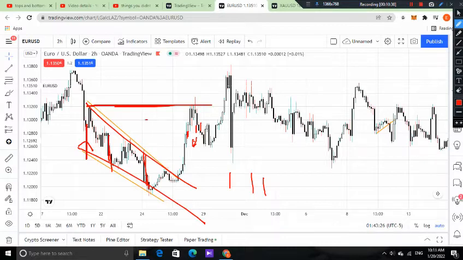And as I said, there's a 75% chance of success, and as you can see, you have a bull breakout when you have a wedge.